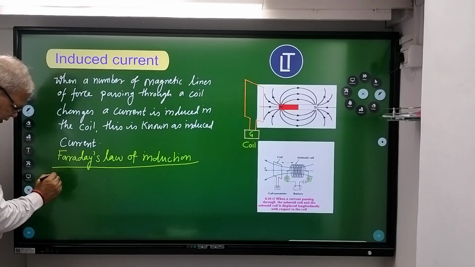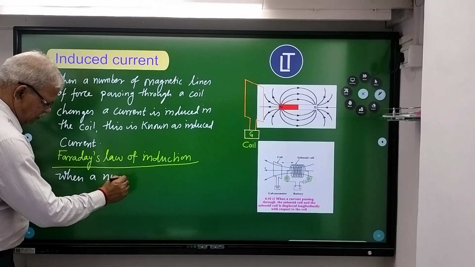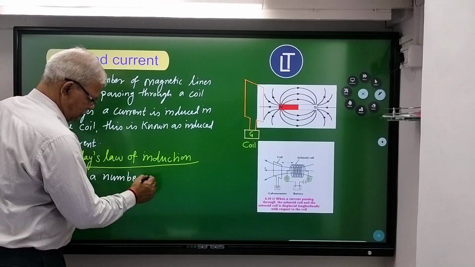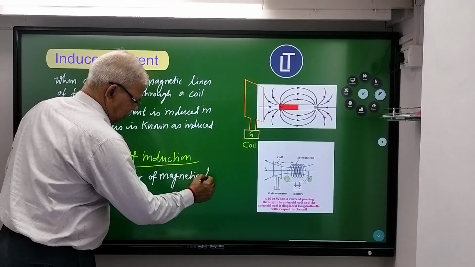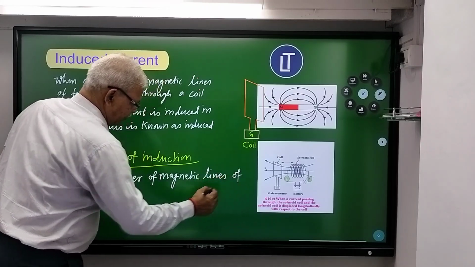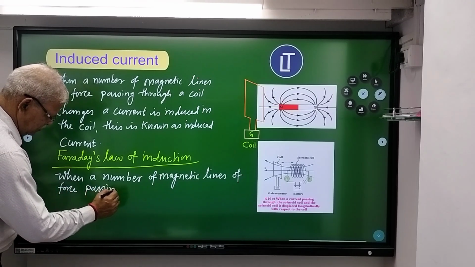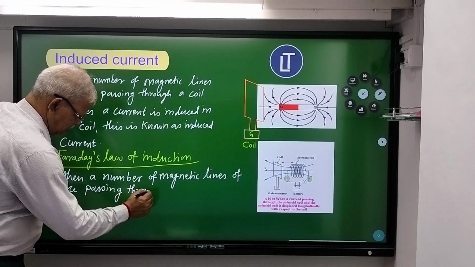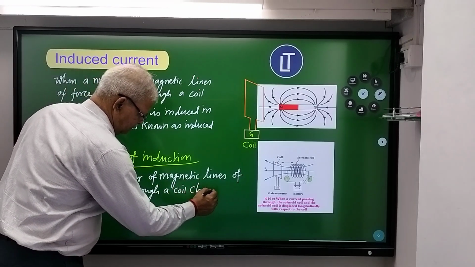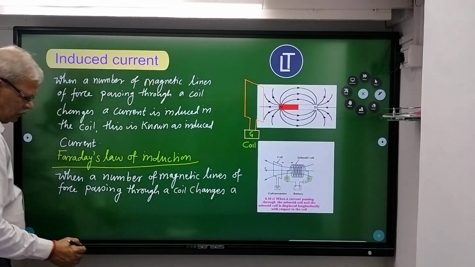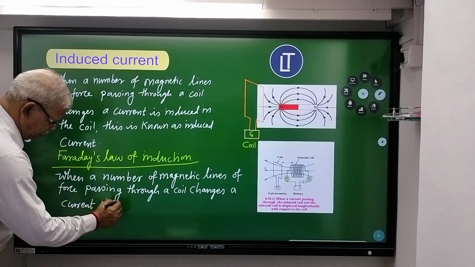Here I am going to write: when the number of magnetic lines of force passing through the coil changes, a current is induced in the coil.